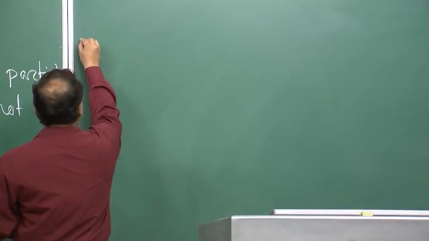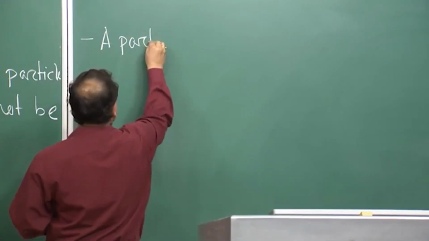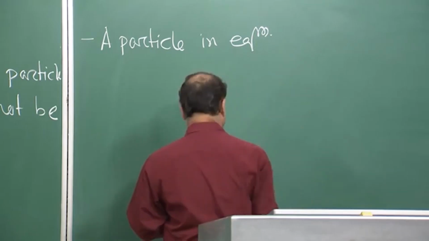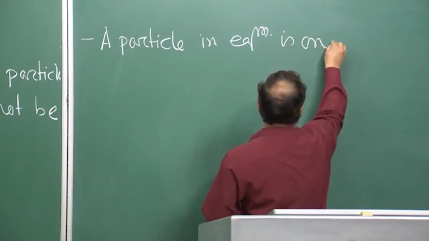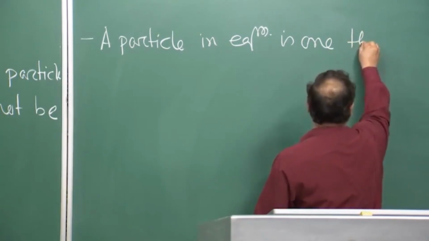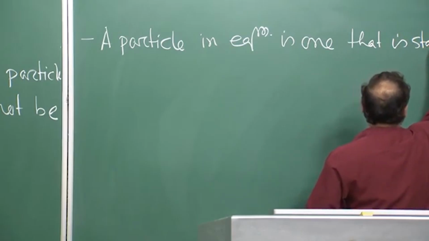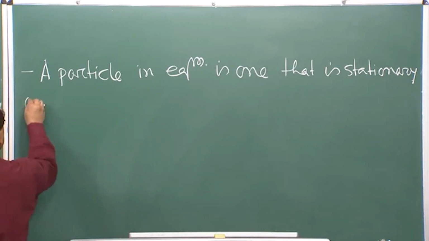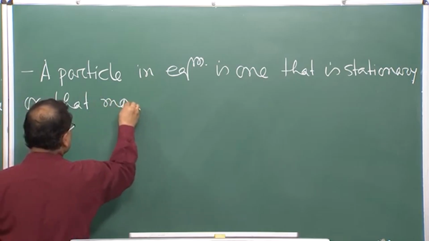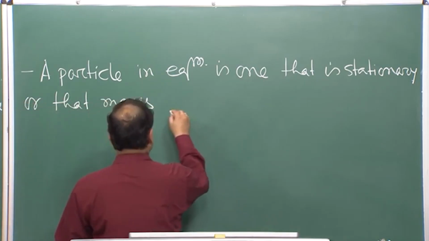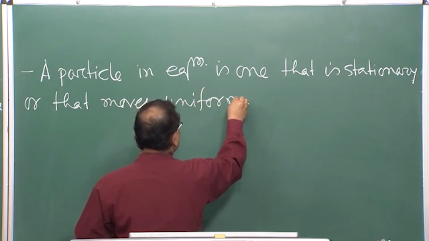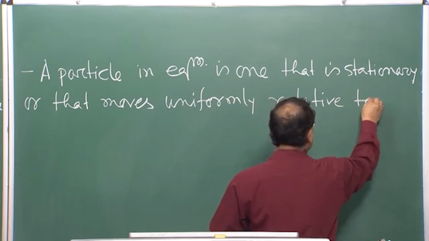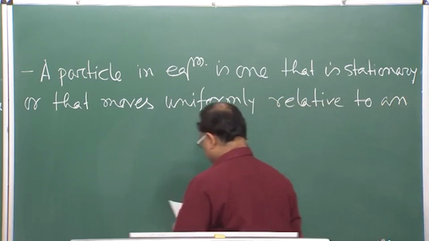A particle in equilibrium is one that is stationary or that moves uniformly relative to an inertial reference.